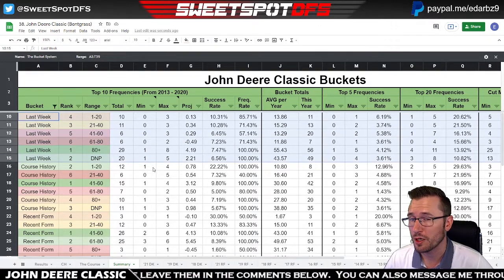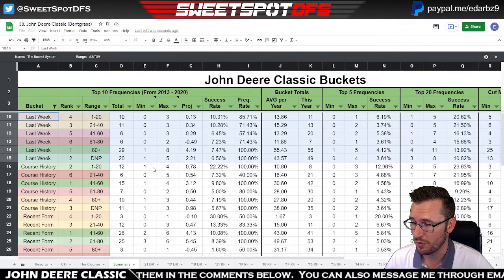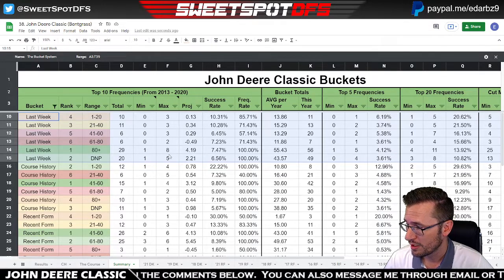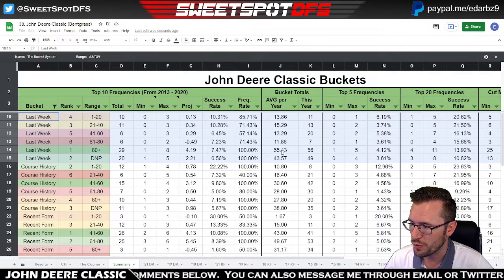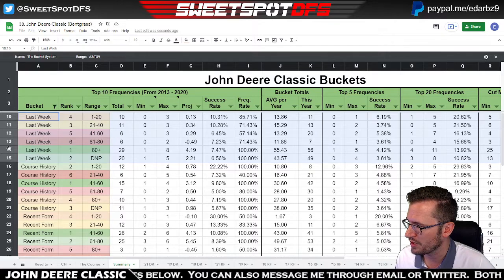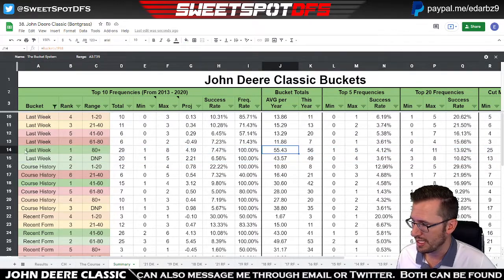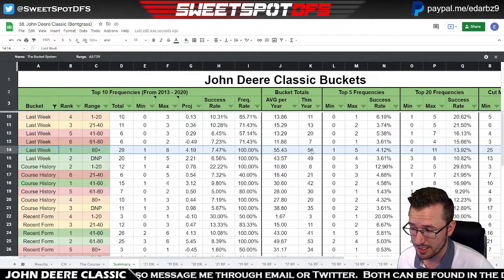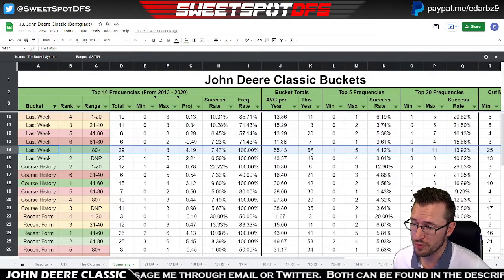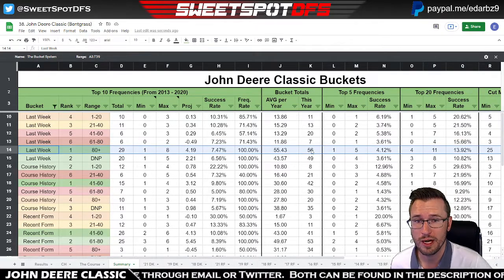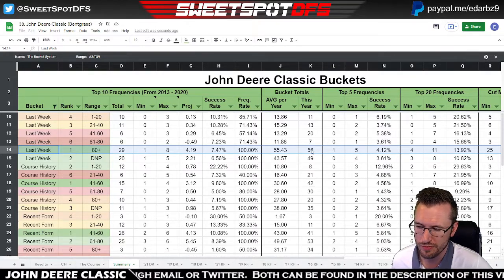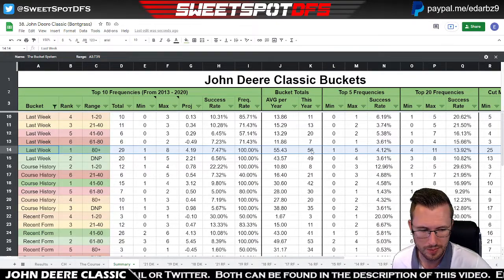Your number one bucket is golfers who actually missed the cut the week before. We have 55 in the bucket this week. So let me go ahead and highlight this one. 55 golfers in that bucket. We have 56 this year, and we're still waiting for 5 more golfers to qualify for this tournament. I think they have been. We just have to wait for them to enter the DraftKings lobby.